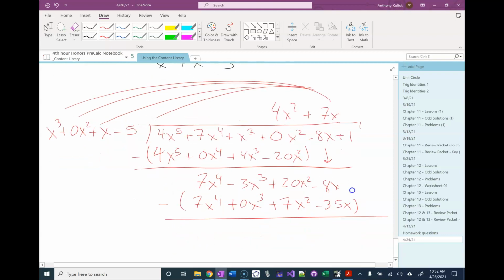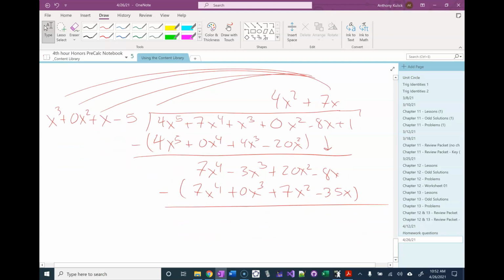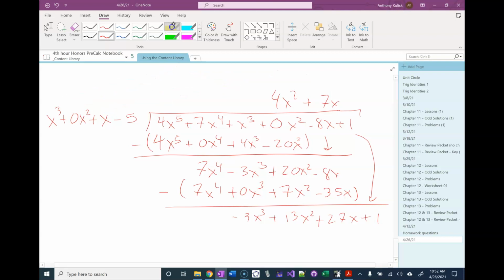Subtract down. 7x to the fourth minus 7x to the fourth is 0. Negative 3 minus 0 is negative 3x to the third. 20 minus 7 is 13x squared. Negative 8 minus a negative 35 is positive 27x. Then bring that last piece down.